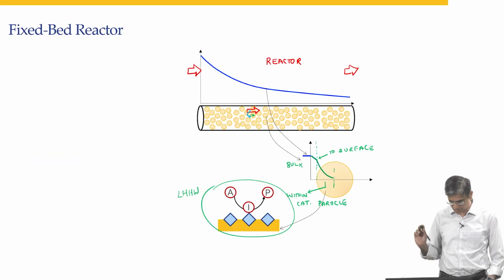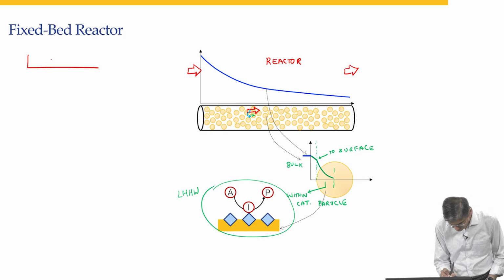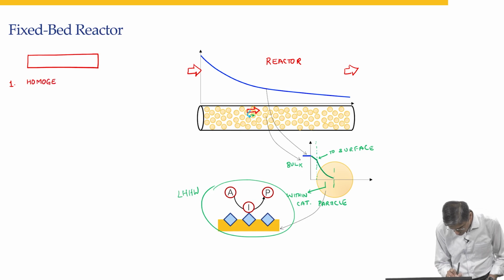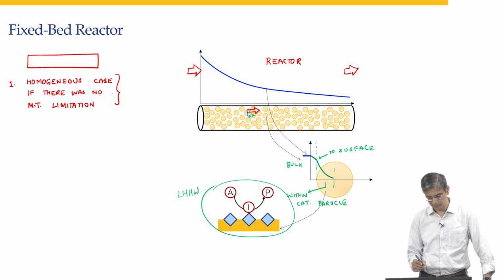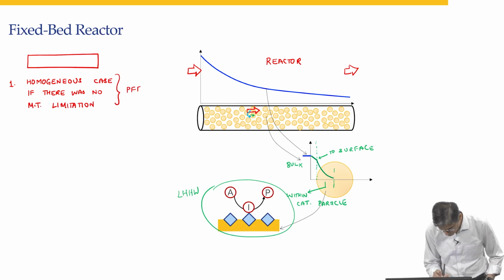We are going to look at a reactor, and the first case we are going to consider is if there was no mass transfer limitation. This is nothing but a PFR.